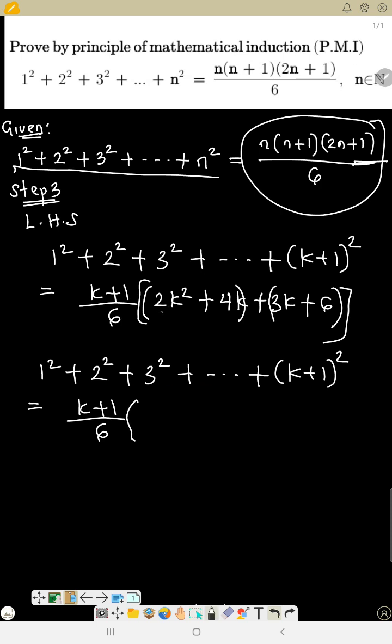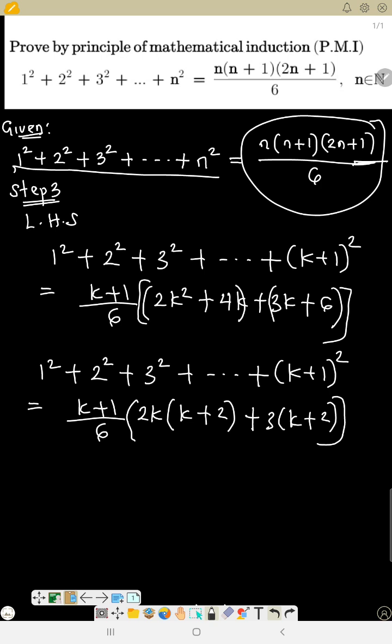Now 2 is common here, also k is common. So 2k is common, and it remains k plus 2. Then 3 is common here, and it remains k plus 2.